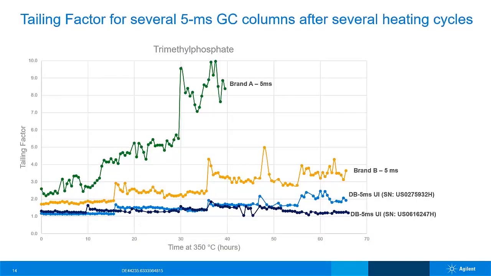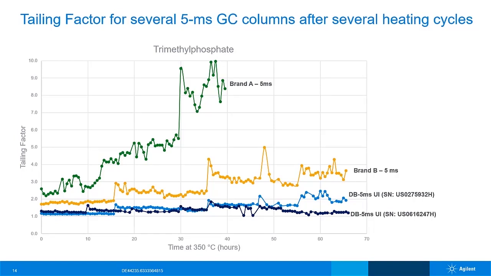Well, to move away from chromatograms, I just wanted to show you this plot on tailing factors for several 5MS GC columns after several heating cycles. This is another way to translate what I was discussing in the previous slide.